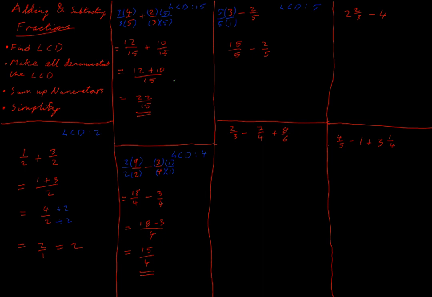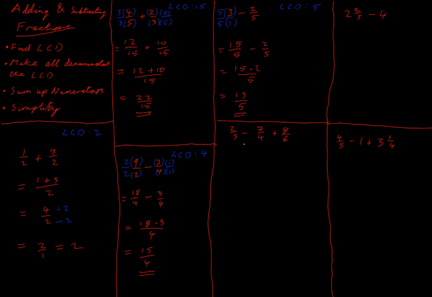Now I have my denominators the same. I can sum up my numerators. I have 15 minus 2 all over 5. They're both over 5. And I get 13 all over 5. And there's no simplification I can do there. So that's my final answer.